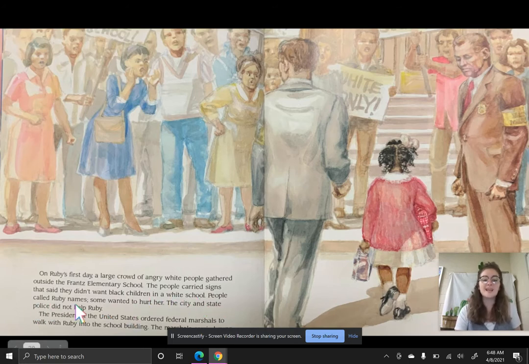People called Ruby names. Some wanted to hurt her. The city and state police did not help Ruby. So, people did not want a black child going to a whites only school. There were people that wanted segregation to stay in place. So that is the problem. Ruby is being faced with this injustice every day that she's going to school.